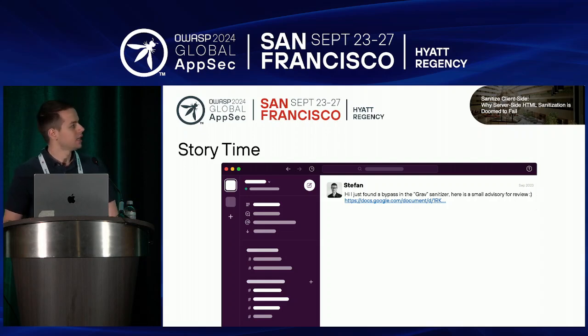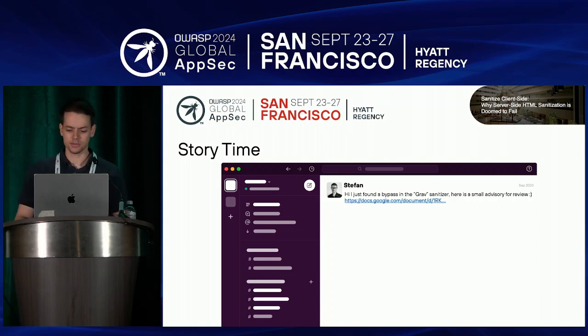And at the time, I was, let's say, familiar to a certain extent with sanitization bypasses and HTML quirks, etc. And so I asked him, did you try those techniques that we showed to be effective? He said no, so I went and gave that sanitizer a second look.